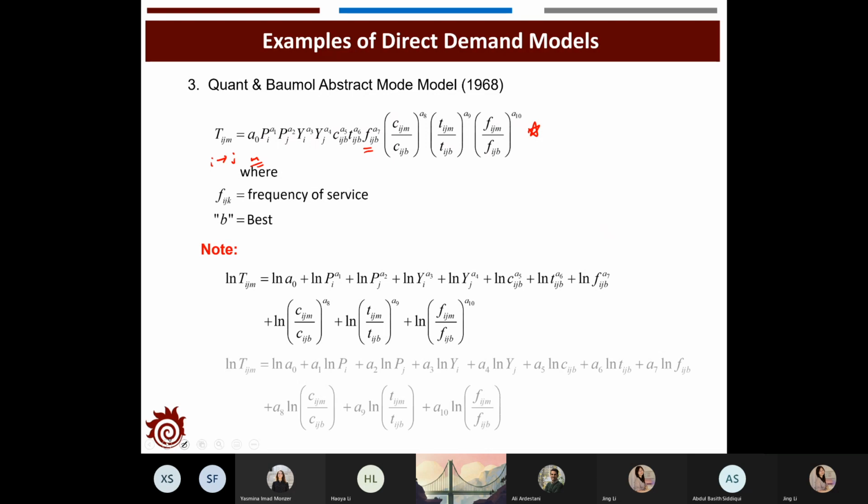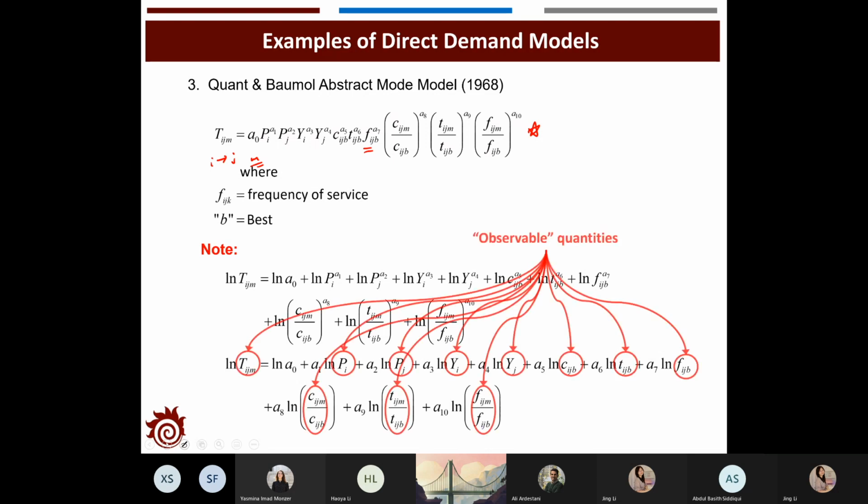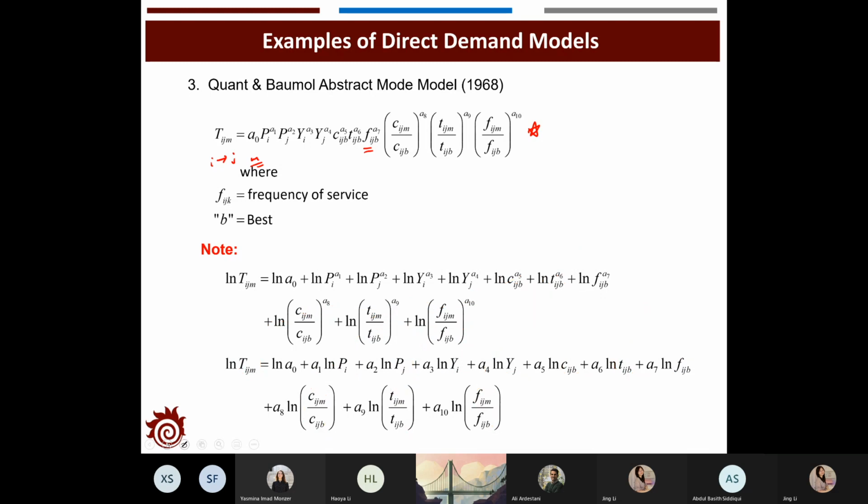And with this log transformation, you will have the observed quantities of the demand and the supply variables, as well as some unknown coefficients, alpha, A0, A1, A2, up to A10, and those would be the parameters you need to calibrate for the direct model.